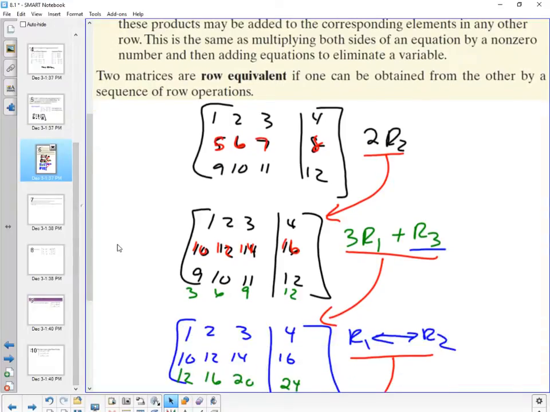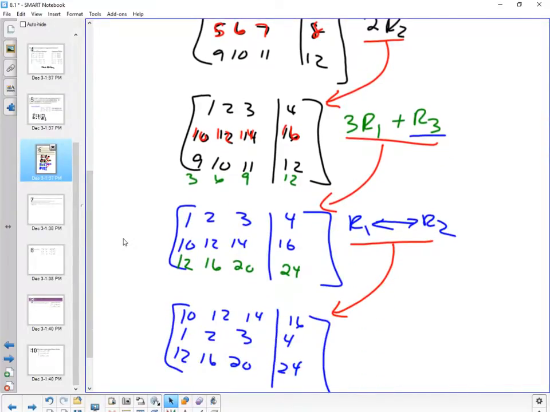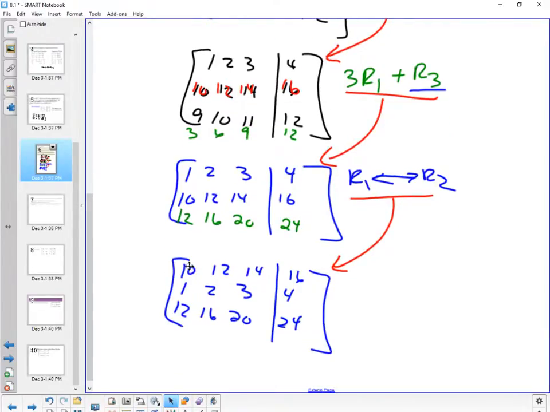Would it be where the 10, the 2, and the 20 are? Well, technically those three would have to be ones, and then these three would be zeros. It can't go anywhere else. It has to be that way. That is row echelon, and I'll tell you why in a minute. So can I change it? No.